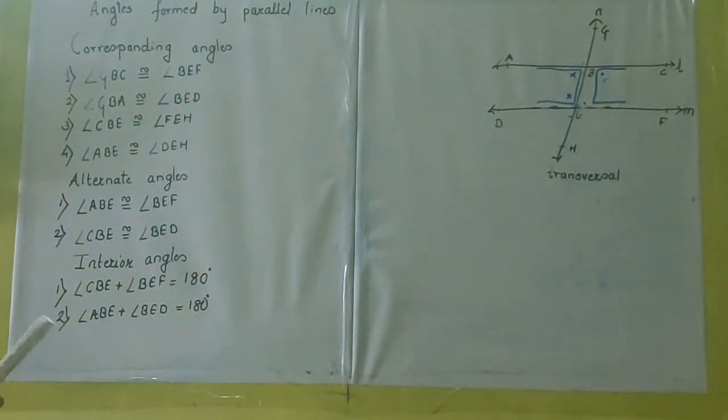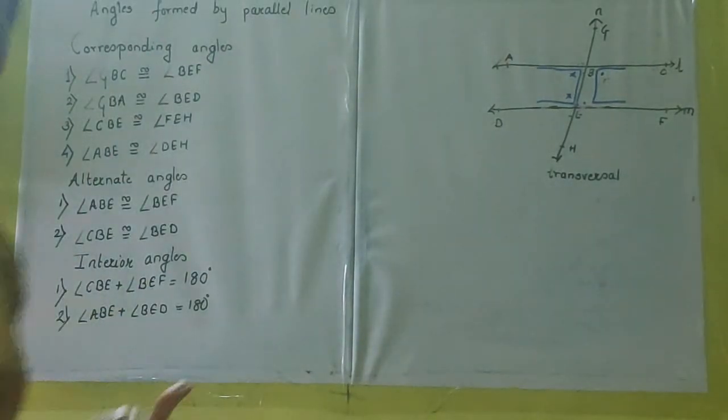So you have two pairs of interior angles. These are corresponding angles, alternate angles, and interior angles. These are the three types of angles which are formed by parallel lines.